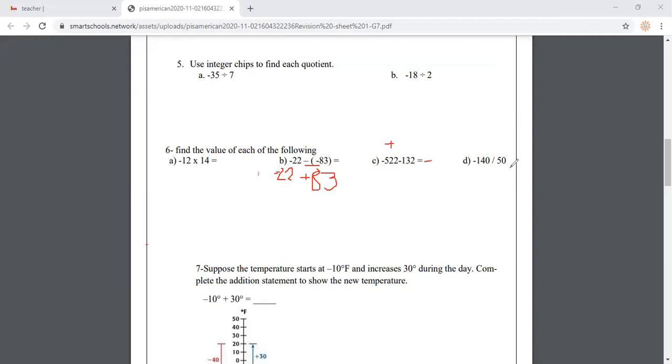In this one, it's a division. So don't be afraid when the number is large, but in this one you have 140 and you have 50, so we can cancel 0 with 0, and then you have 14 divided by 5.